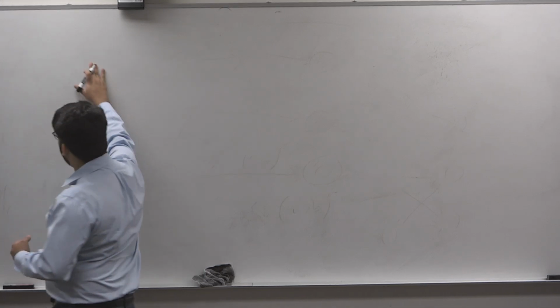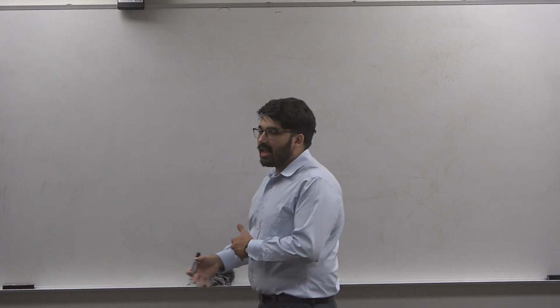Gotcha. So let me give you the statement of the pumping lemma. There are two things we're going to do: give you the pumping lemma, and then show you how to actually use it.